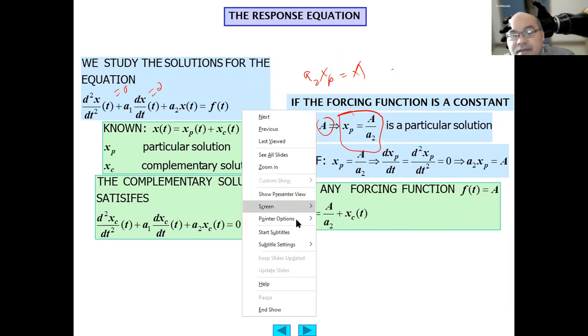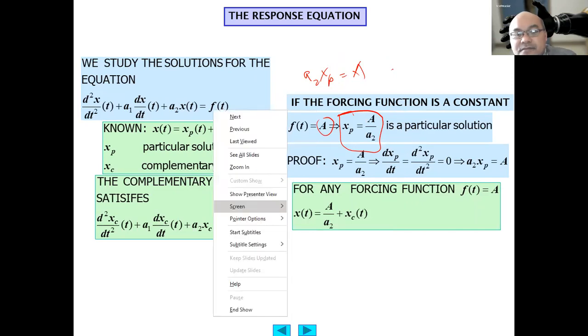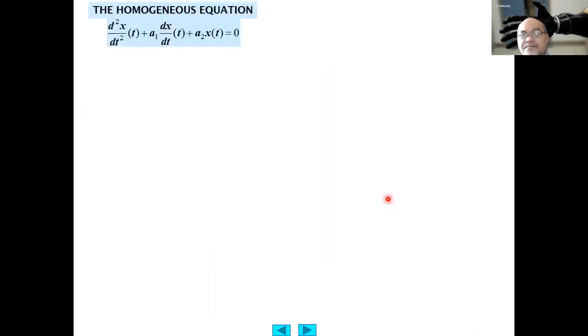Okay, so then x(t) will be equal to a over a2, the particular solution like this, plus xc(t), the complementary solution. Let's now try to find the homogeneous solution, when the forcing function equals 0.